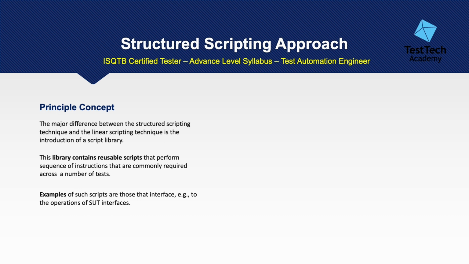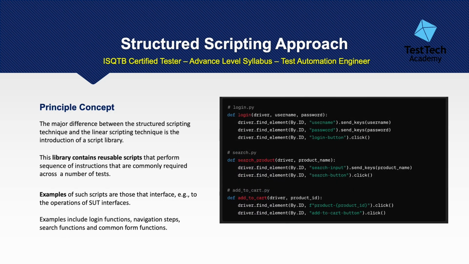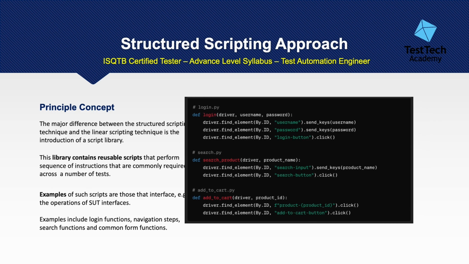Let's say you have an SUT, which is an e-commerce application. Operation of the SUT interfaces might include actions such as logging in, searching for a product, and adding items to a cart. The test automation engineer will write these scripts separately. The first one will be the login script, a script that handles the login process, which can be used in any test case that requires logging into the system.